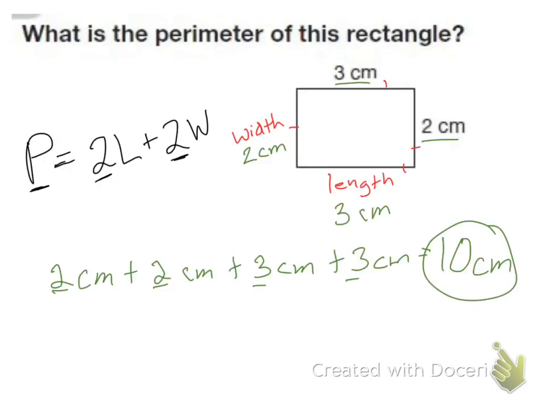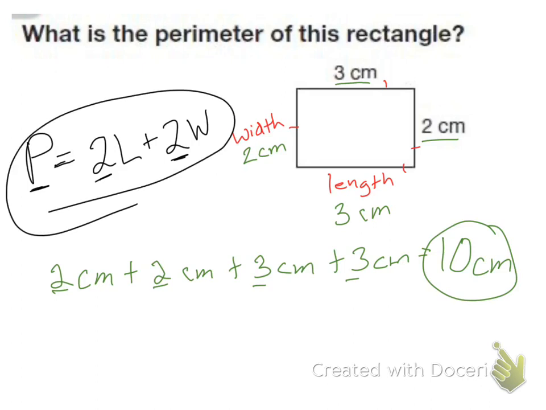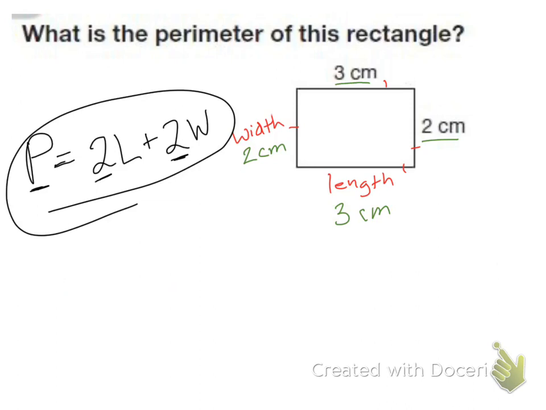Now use the formula to find the perimeter of the rectangle in example 1. That was this rectangle here. Using this formula, perimeter equals 2 times the length.